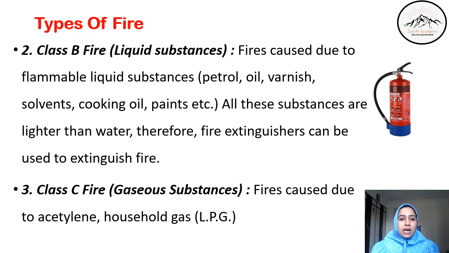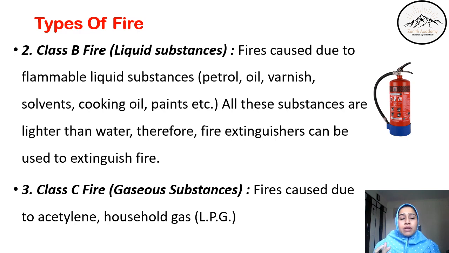Next is class 2 fire or class B fire, which occurs due to liquid substances. Now these are liquid flammable substances. While we use certain disinfectants or cooking oil, paints, etc., we have always observed that there is a flammable symbol, a symbol of a small fire on that bottle.